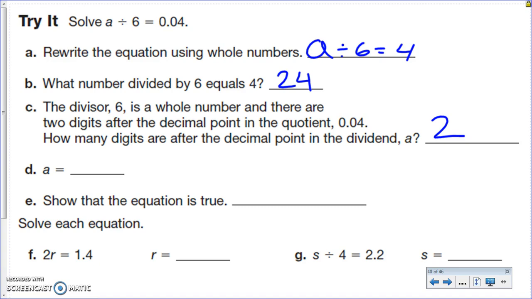Which means that makes a 24.00. And then we plug it back in to check, and it does work. And again, that's the nice thing about equations. They are self-checking, so you can plug it back in, do the math, and see if it works.